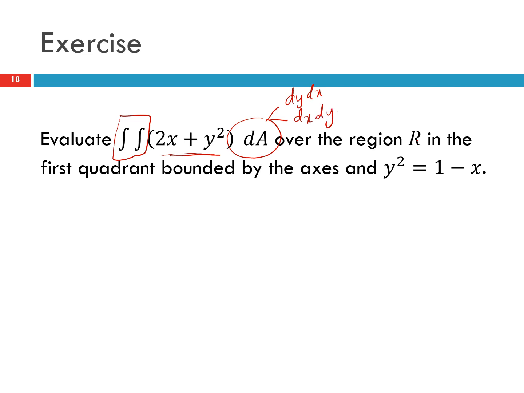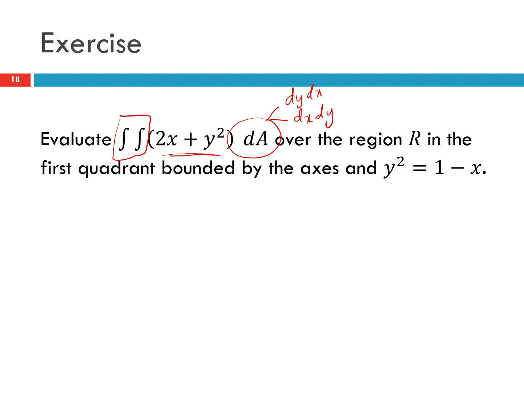So what you need to do is draw the region or sketch the region. Given in the question is: evaluate the double integral of x plus y squared dA over the region R in the first quadrant.